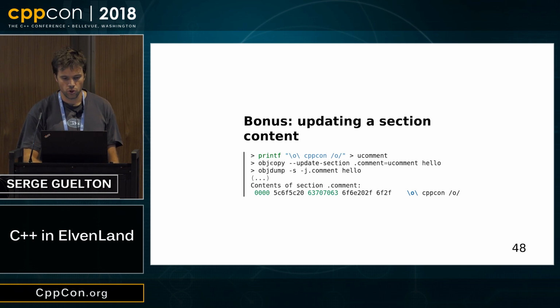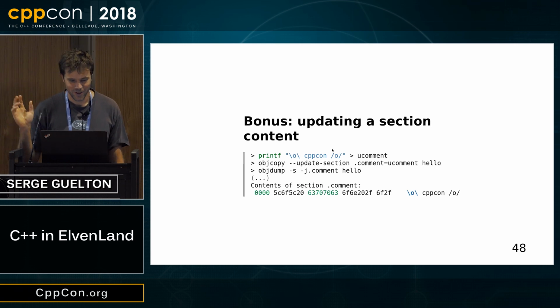You can use objcopy to say, replace the content of this section with the content of this file. So here, instead of the GCC signature, I just put a happy comment. But you could also use that to update data sections, code sections, to do whatever you want, and I don't want to know where you do that, but it's still funny.